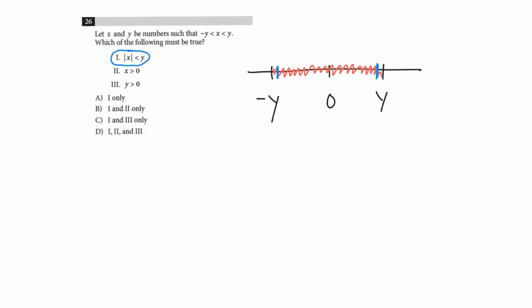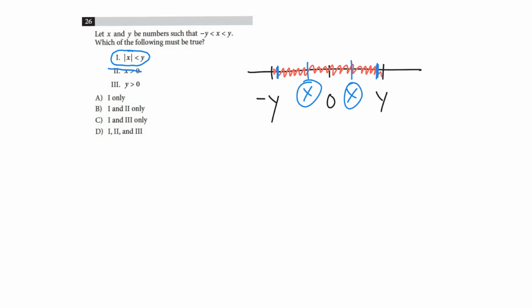What about the next one? x is greater than 1. Well, not necessarily. I mean, x could be here, right? Sure, x could be here, it could be greater than 1, or it could be less than 1, either way. So say no to that one. And y is greater than 0.